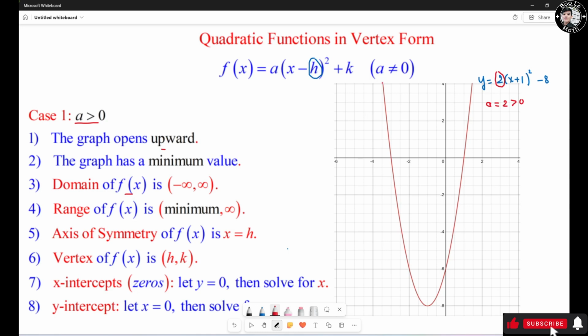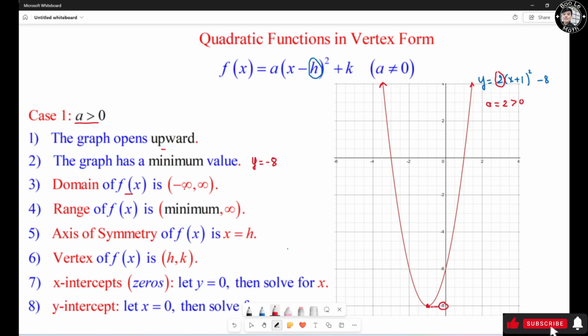So the graph opens upward, right? The graph has a minimum value right here, which means the y value of the vertex. So the minimum right here is negative 8, so y equals negative 8.